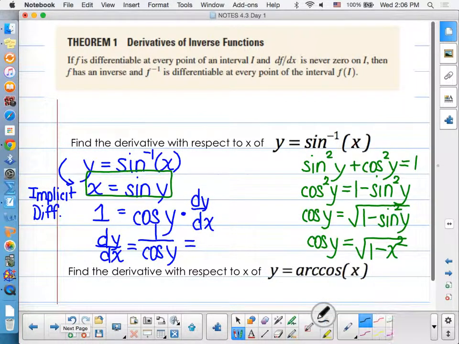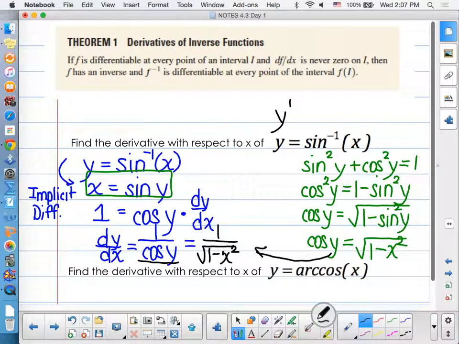So coming back over to my derivative, instead of 1 over cosine, the derivative of the sine inverse function is 1 divided by the square root of 1 minus x squared. Finding the derivative with respect to x is what they asked us to do. So we couldn't stop here and leave the y's in there. We needed to move it around. So the derivative of sine's inverse function is 1 over the square root of 1 minus x squared.